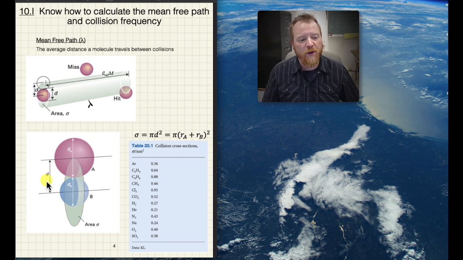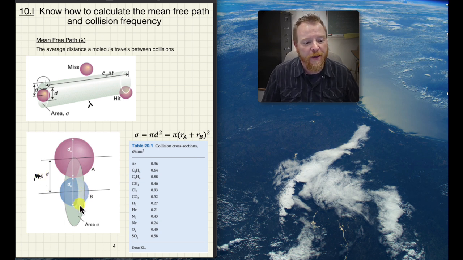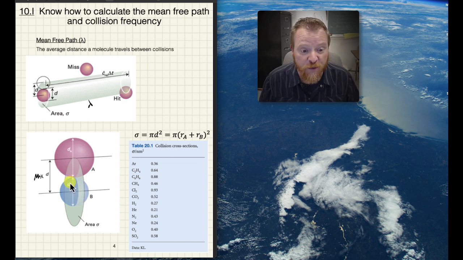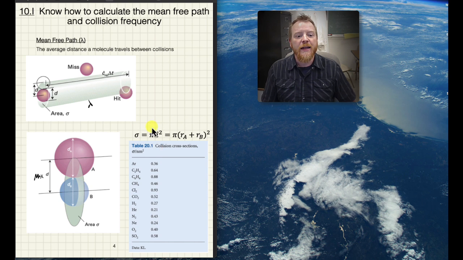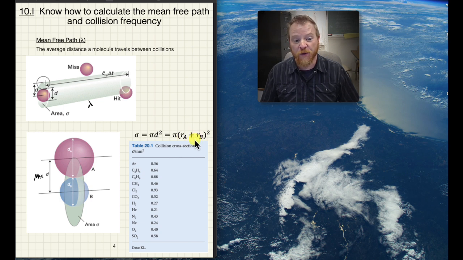So now if we put these on this grazing angle where they just barely collide, so by adding up their 2 radii here, that would give us the maximum possible distance that these things can exist between each other and still arrive at a successful collision. And so that area is given by pi d squared, or pi times the sum of the 2 molecular radii.